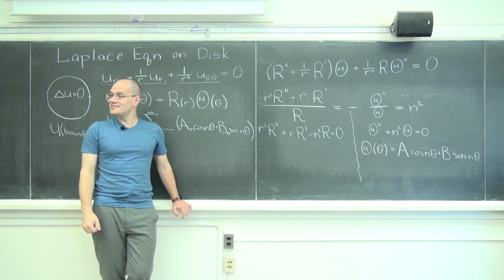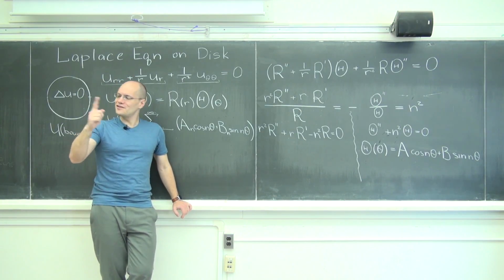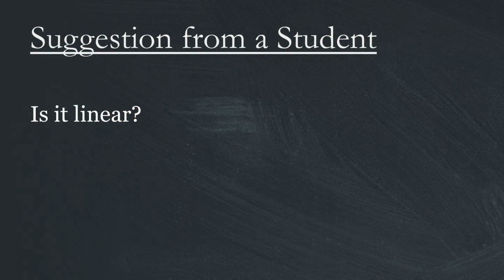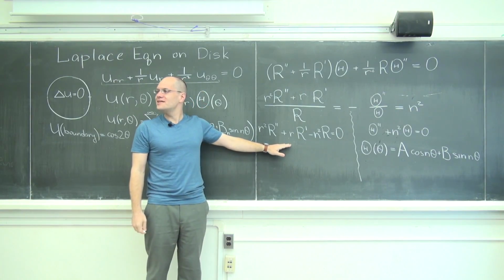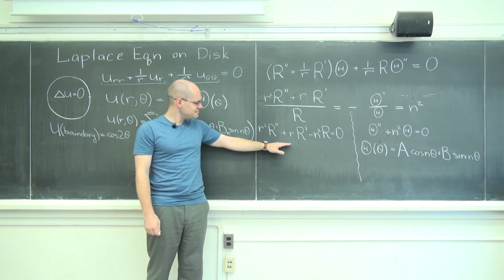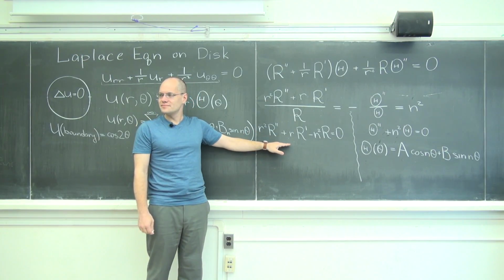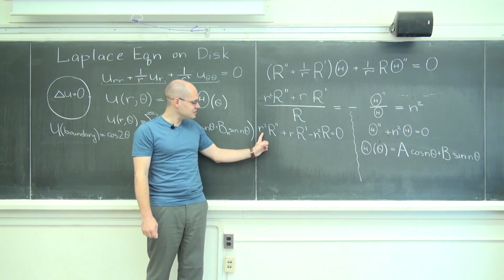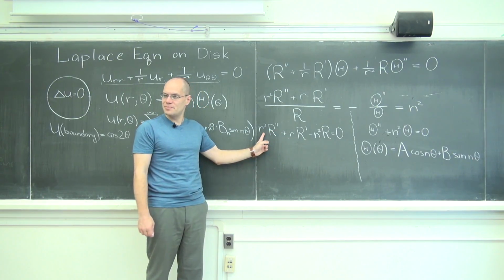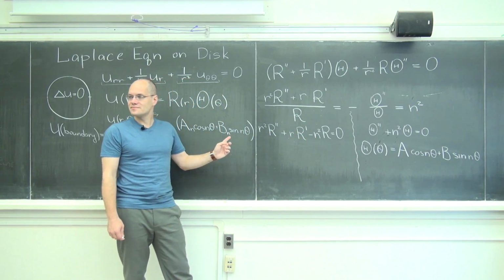Okay, let's talk about this equation. When you look at an equation, what's the first question you ask yourself? Is this equation linear? Yes, absolutely it is. Is it linear with constant coefficients? No, they're not constant coefficients because the independent variable appears as a multiplier in these two terms.